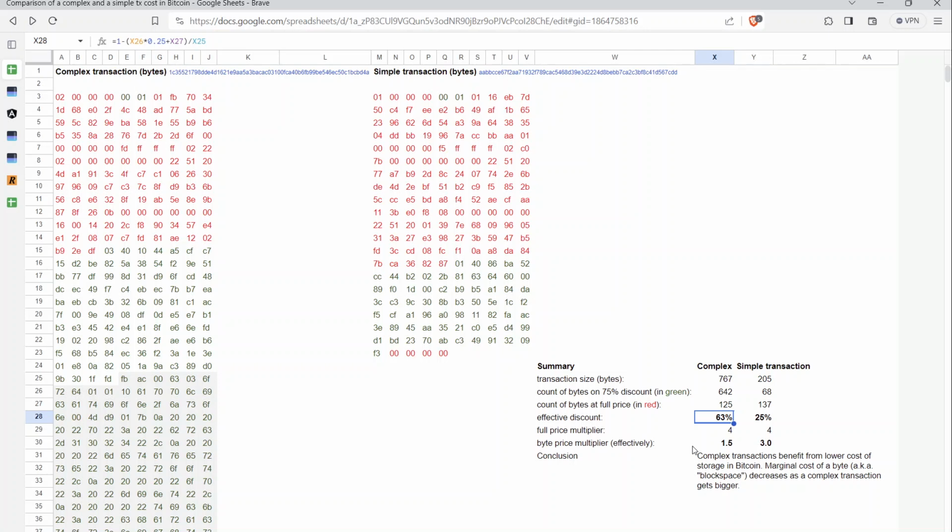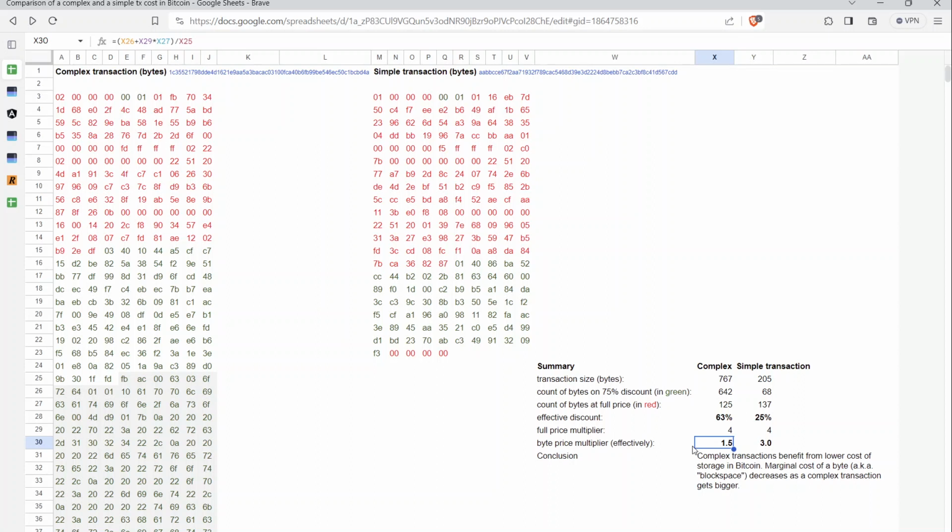And there is this disproportion between the two transactions, right? Because the simple transaction benefited from only a 25% discount. So, in other words, if someone pays for a byte to push to the network, to Bitcoin, then if they use a complex transaction, they have the price multiplier at 1.5.